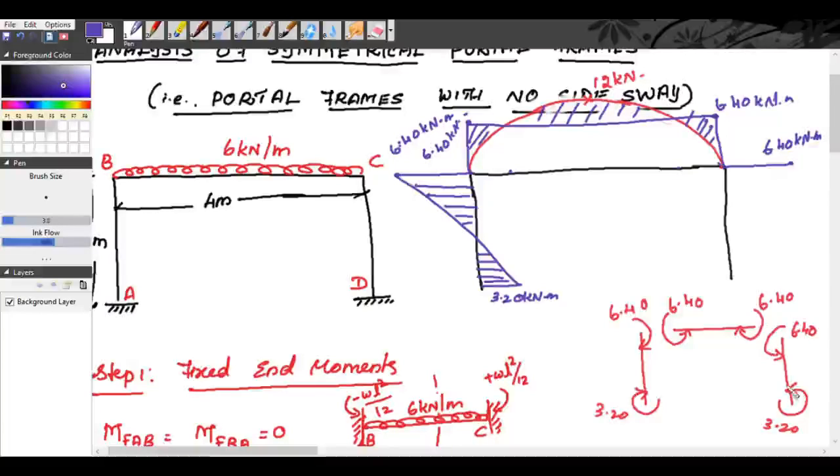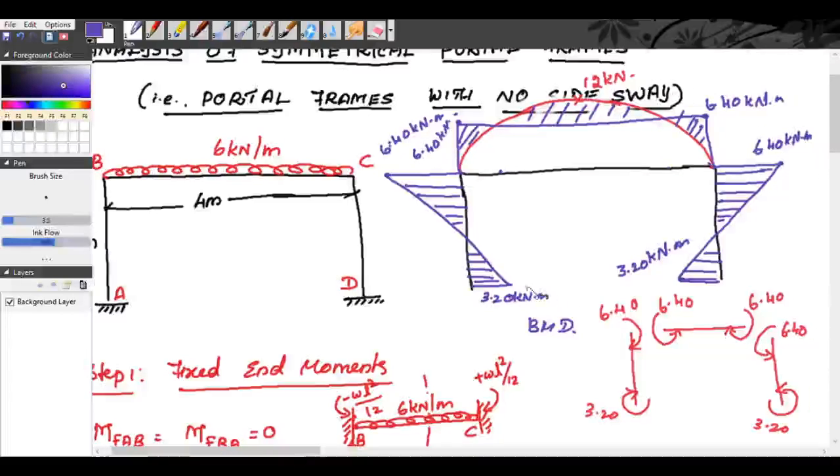And at D, this anti-clockwise 3.20 pointing towards the left, 3.20 kilonewton meter. This is our net bending moment diagram.